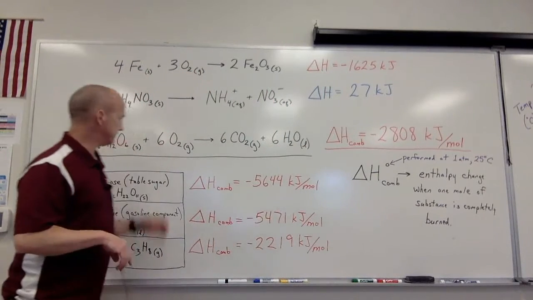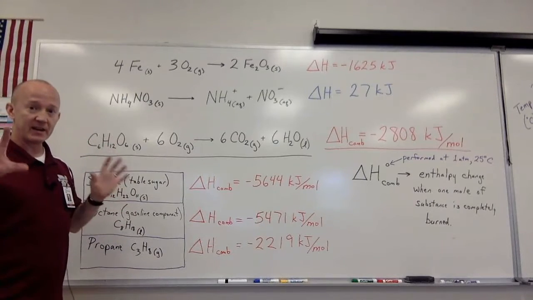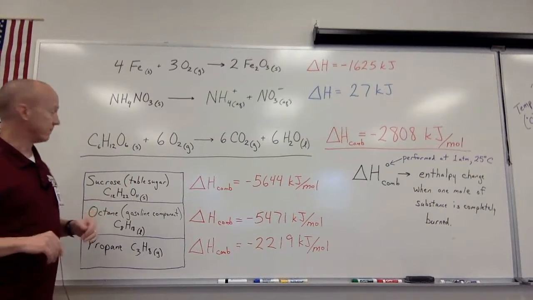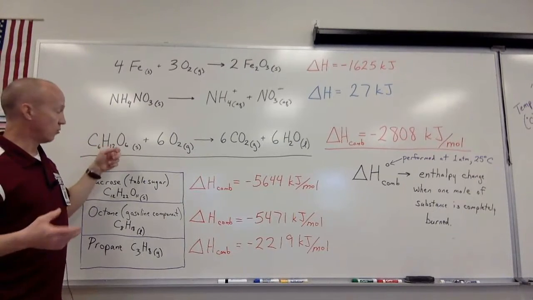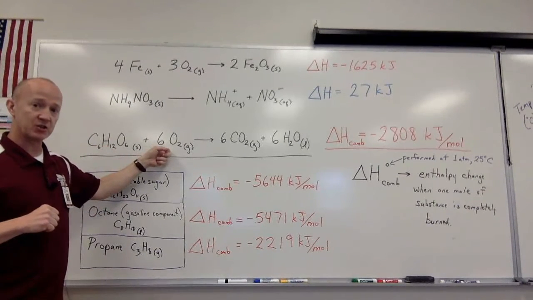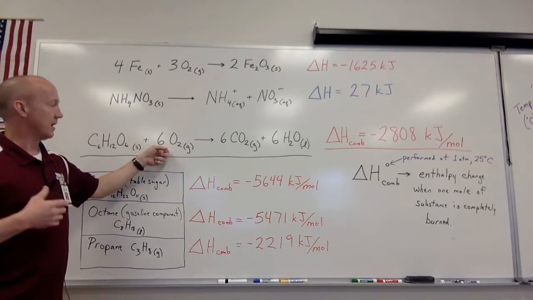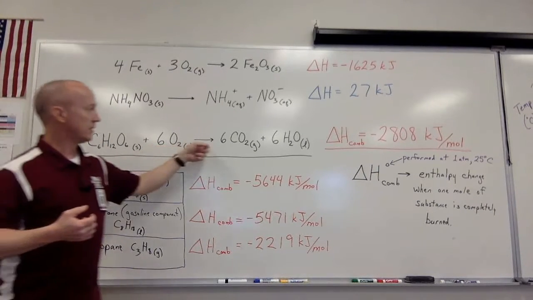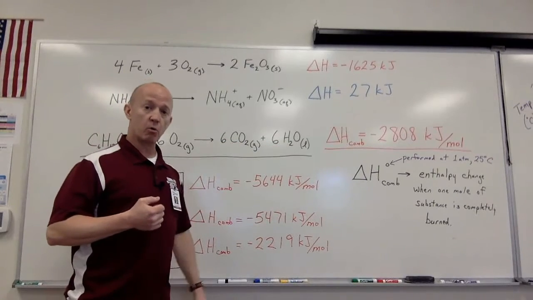So this third one right here is one that goes on in your body all the time, every day. This is glucose, blood sugar. And so when your body burns glucose, it uses oxygen to do that. Breathe it in, and it helps to burn that glucose. It produces carbon dioxide gas and water.